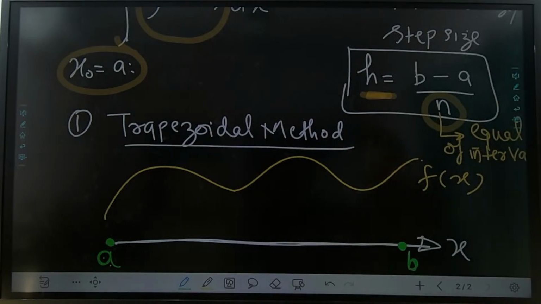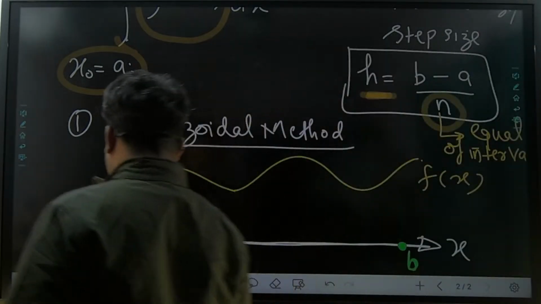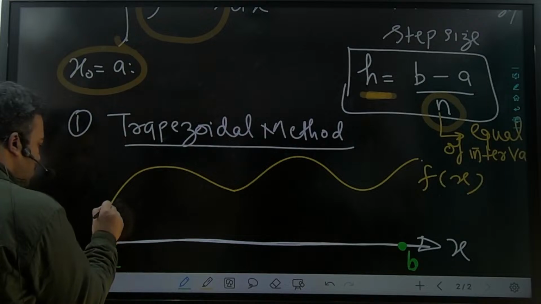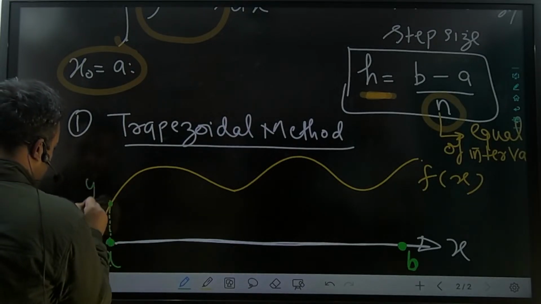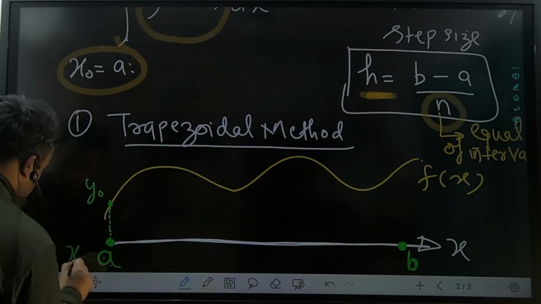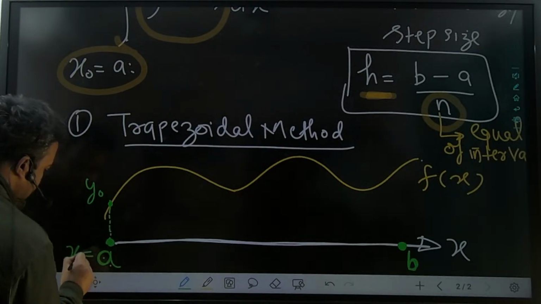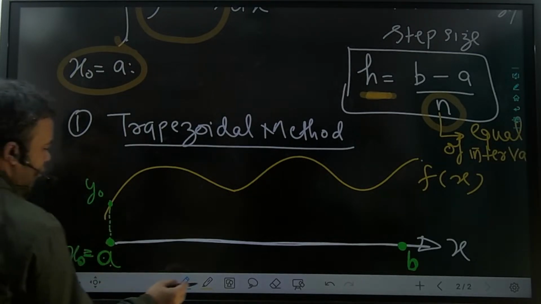So first, a corresponds to what value on the function? Let's say y naught, because this a is nothing but x naught. So it will correspond to y naught.